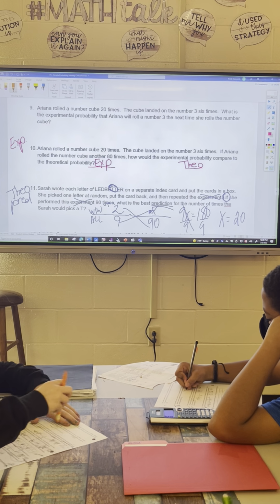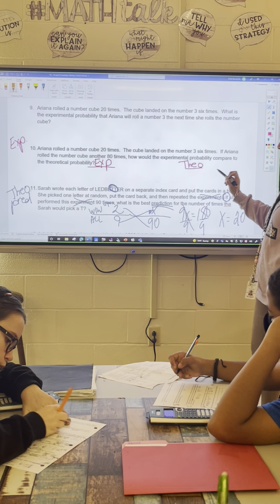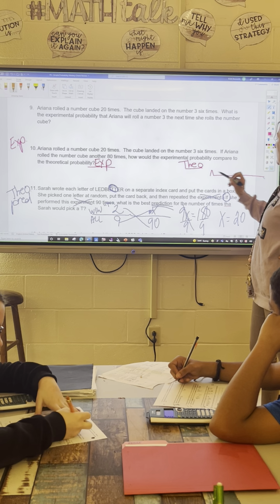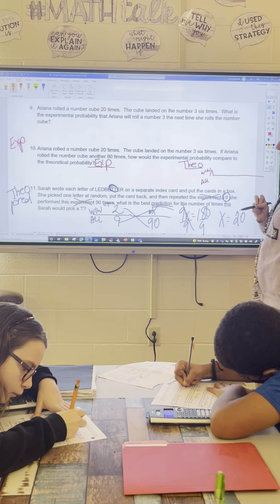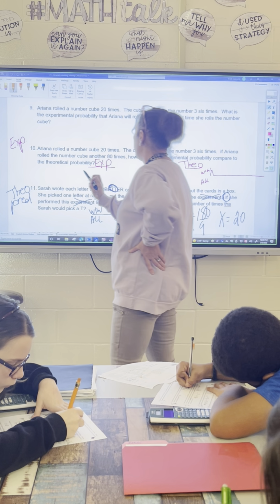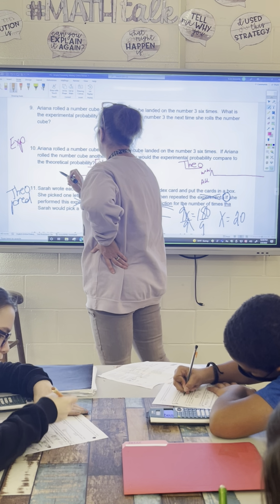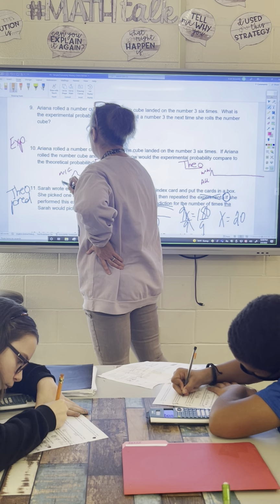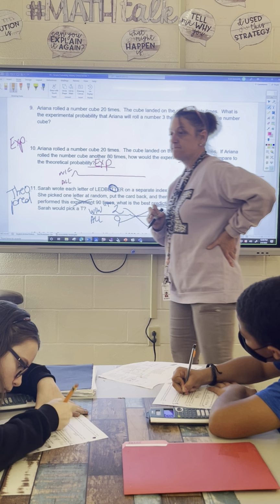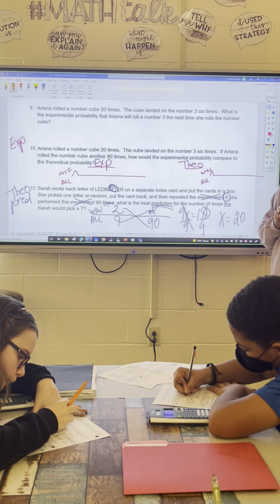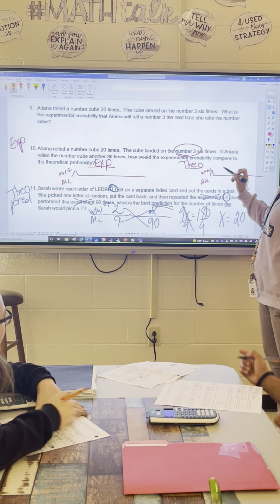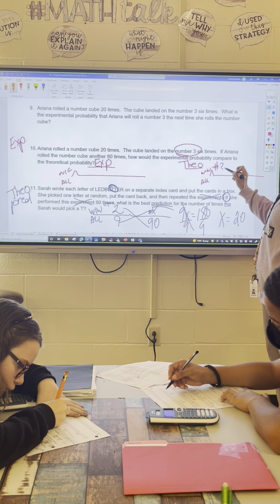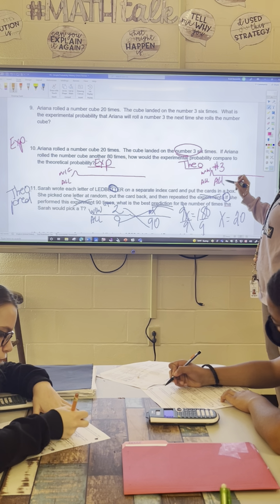So let's go ahead and jump over here and look at theoretical for a minute. What I want out of all I have. My experimental probability is what I want out of all I did, right? What do I want? The number 3 out of all numbers.